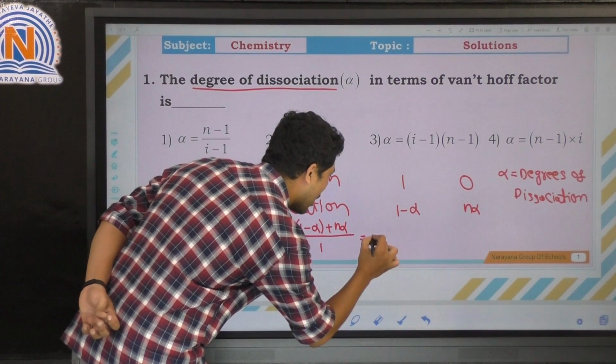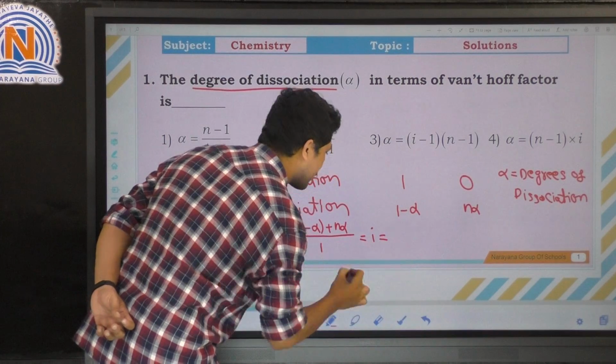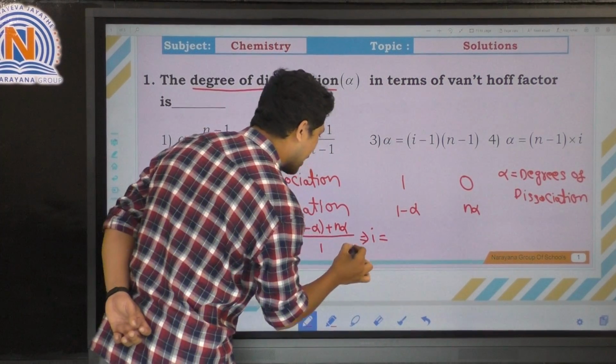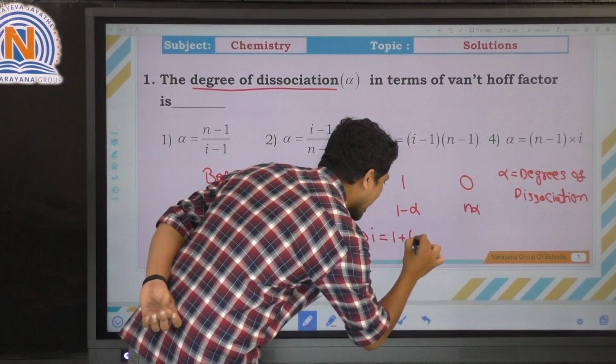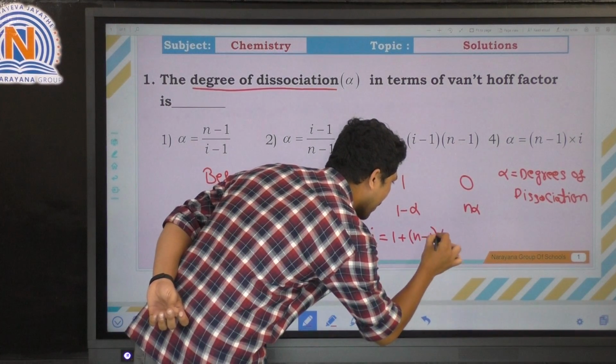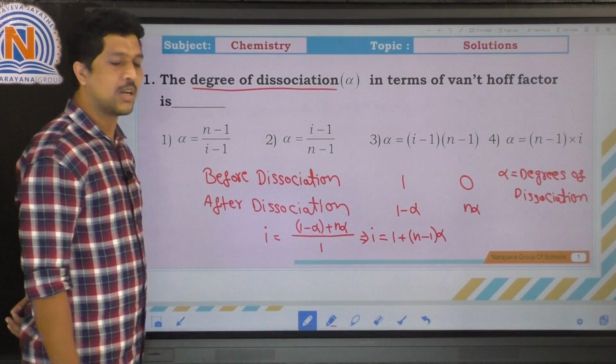So then the van't Hoff factor I equals 1 plus n minus 1 times alpha.